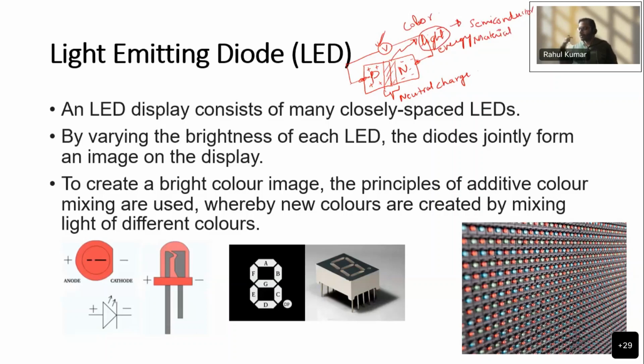Some of the semiconductor materials will produce a red colored light. Some of them will produce a blue colored light, and the others may produce a green colored light, right? So we use three colors of light: red, blue and green, to produce all the other different shades or colors on the screen.